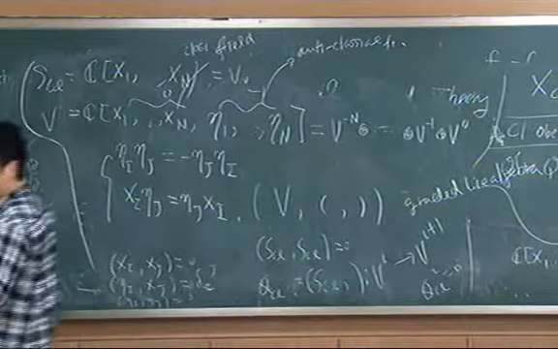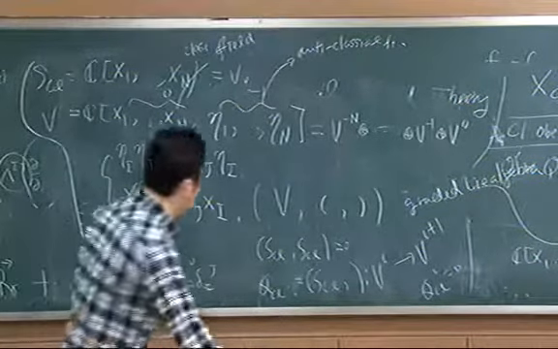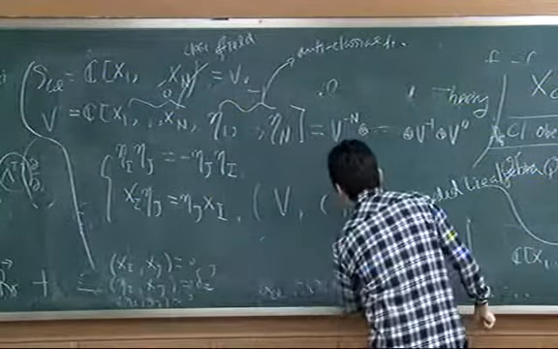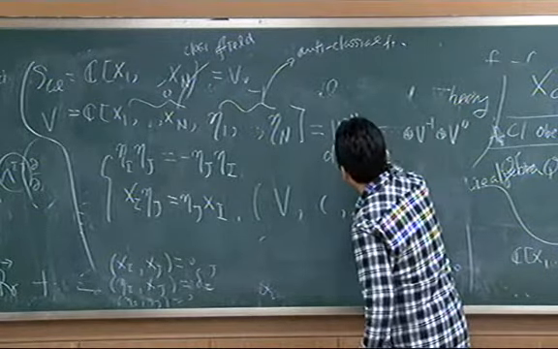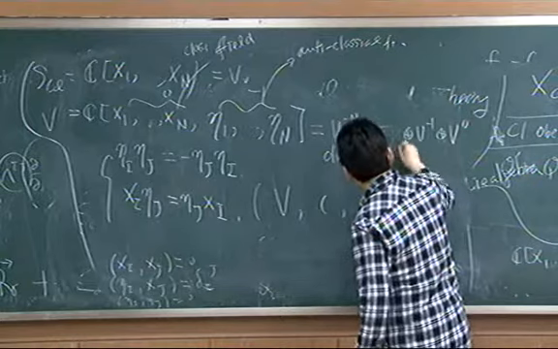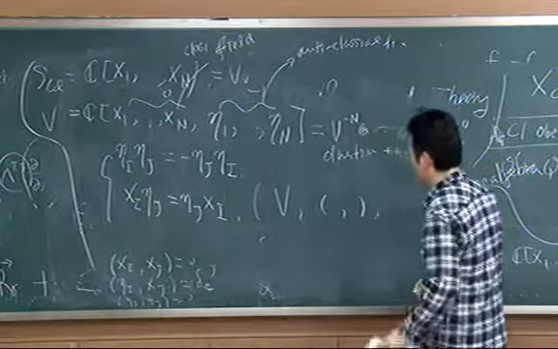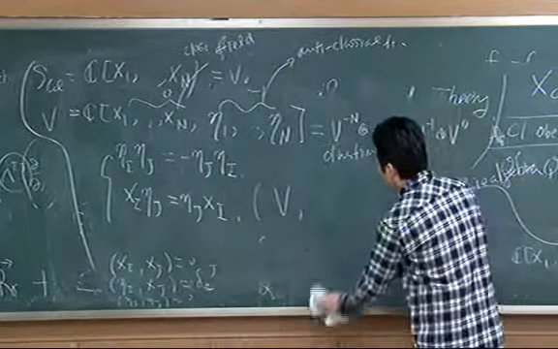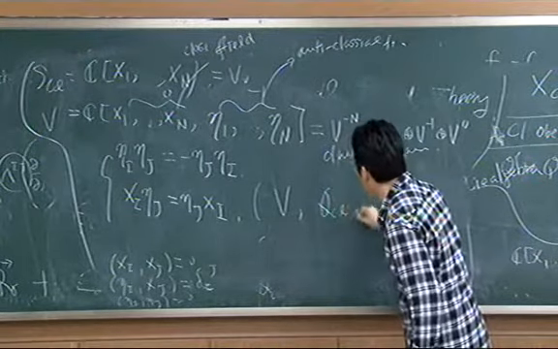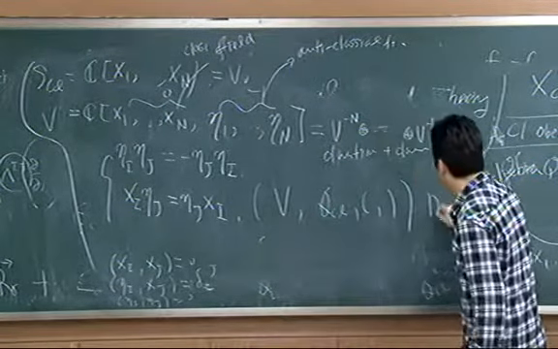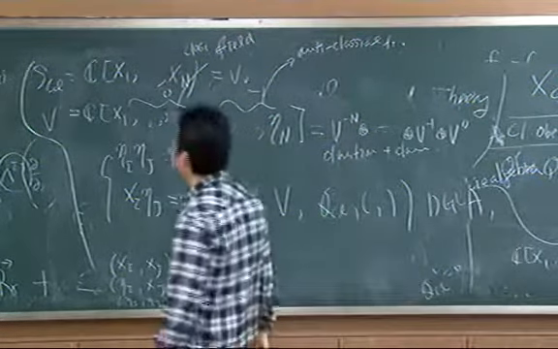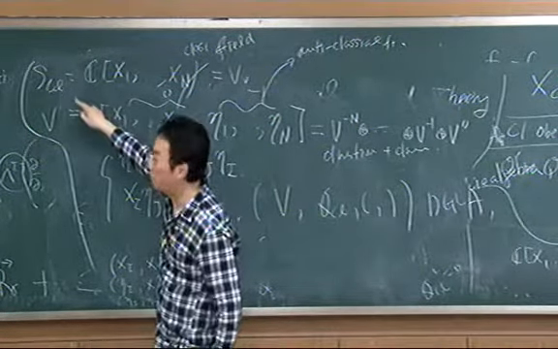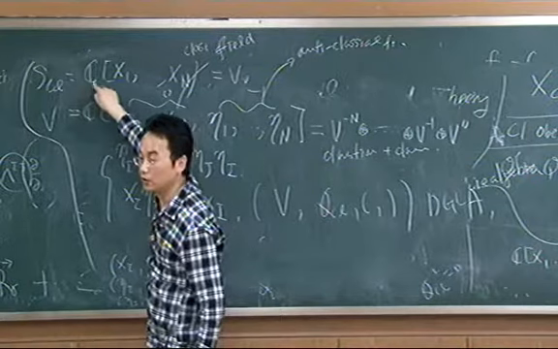So if someone gives you an action, classical field plus classical action allow us to construct a differential graded Lie algebra. Of course, we also have a product.